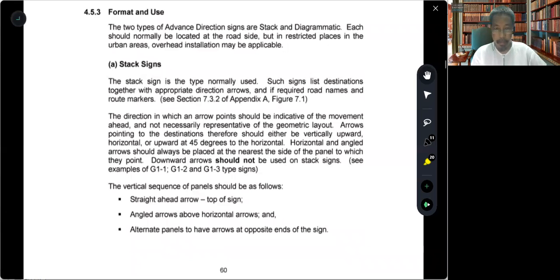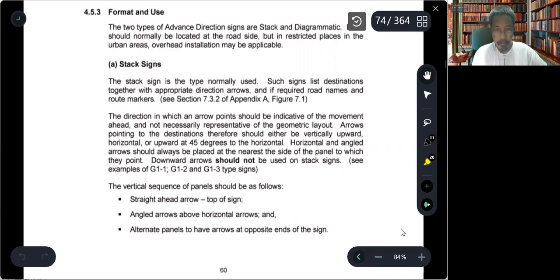Such sign lists the destinations together with appropriate directional arrows, and if required, road names and route marker. So those are what we call stack signs. The vertical sequence of panels should be as follows: straight ahead arrow, top of sign, angled arrows above horizontal arrows, and alternate panels to have arrows at opposite ends of the sign.